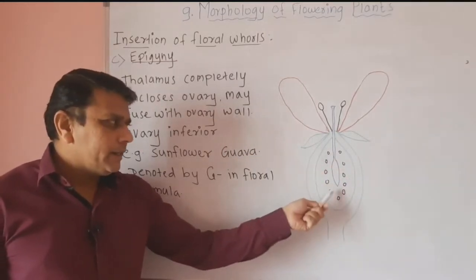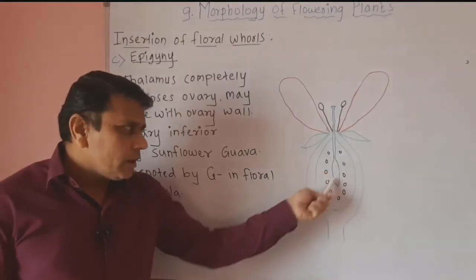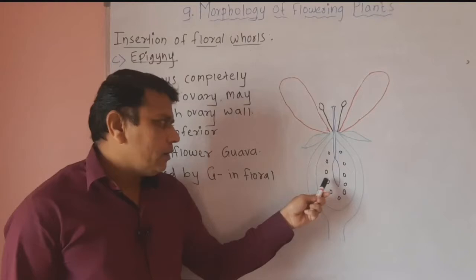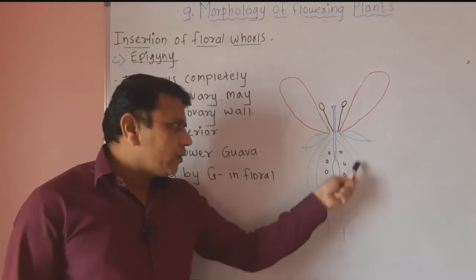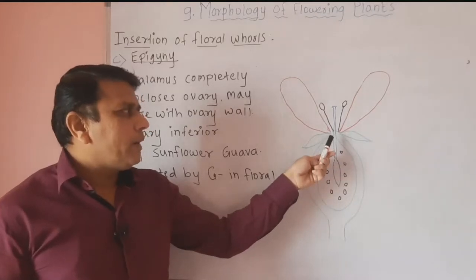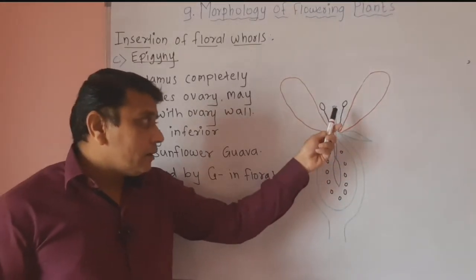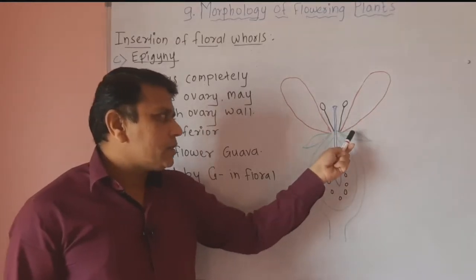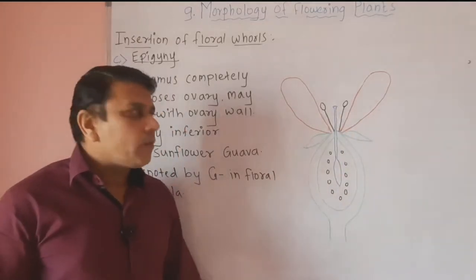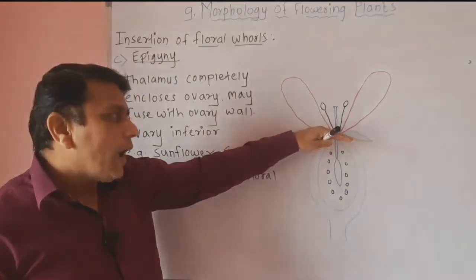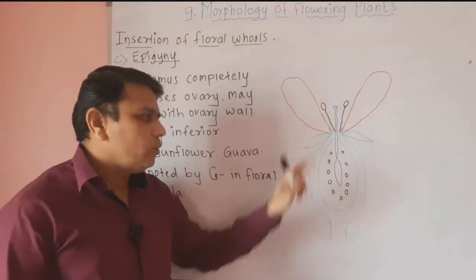Now, in epigynous flower, here we can see the ovary, and this ovary is completely enclosed by the thalamus and the floral parts like androecium or stamens, then petals, sepals are developed from the top of the ovary or they are at the higher position than the ovary.